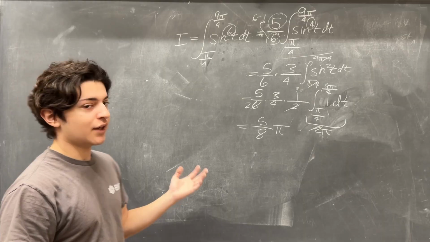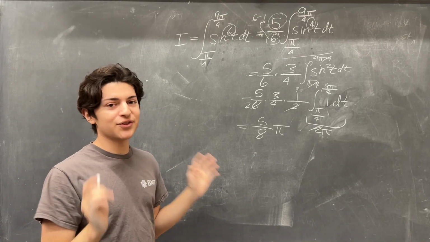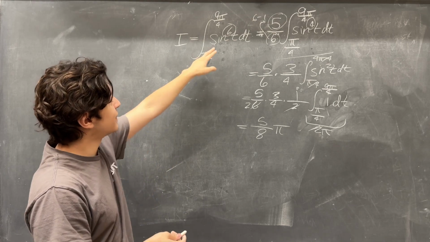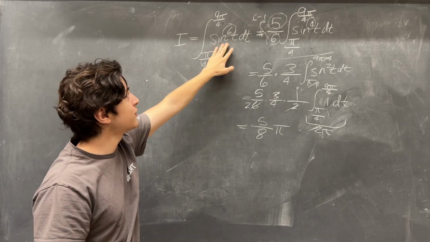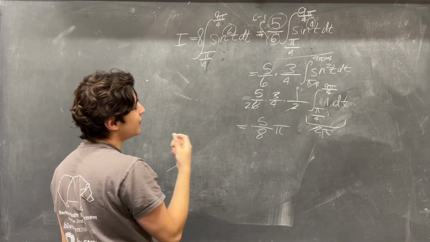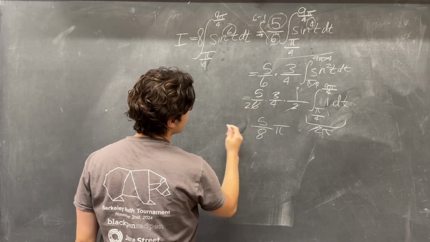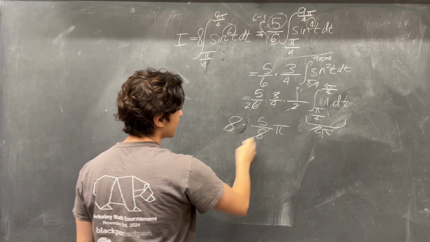So are we done? No, not yet, because, well, we're almost there. Remember that this integral right here was not the original one. The original one was this one times 8, which means that all we need to do is multiply the result by 8 here, and then these cancel out.